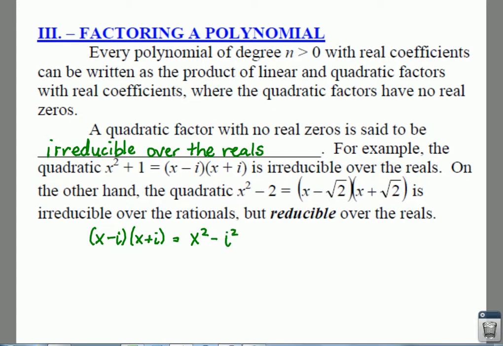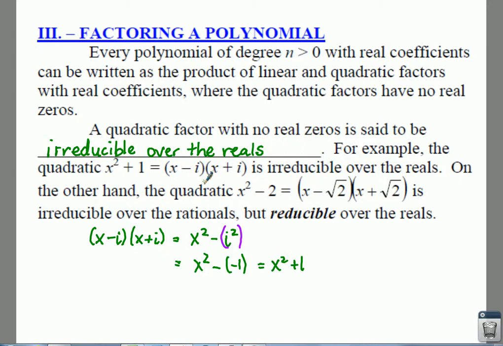And remember, i squared is equal to -1, so this is really x squared minus -1, which is just x squared plus 1. So it is true, but you're going to have imaginary solutions. That's why it said irreducible over the reals, but it is reducible over the complex numbers.